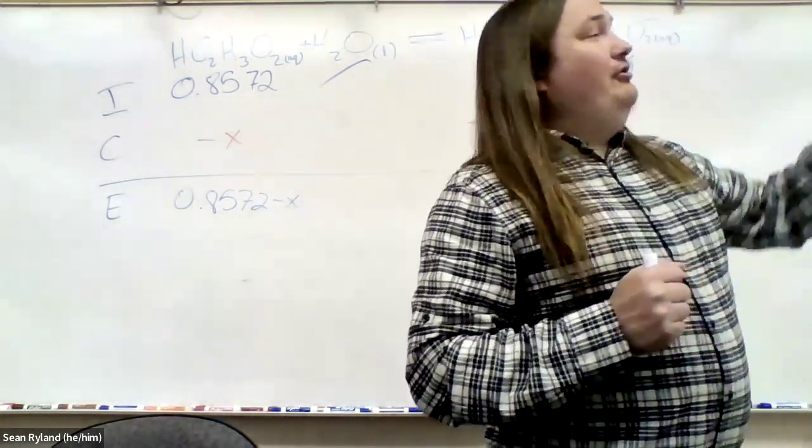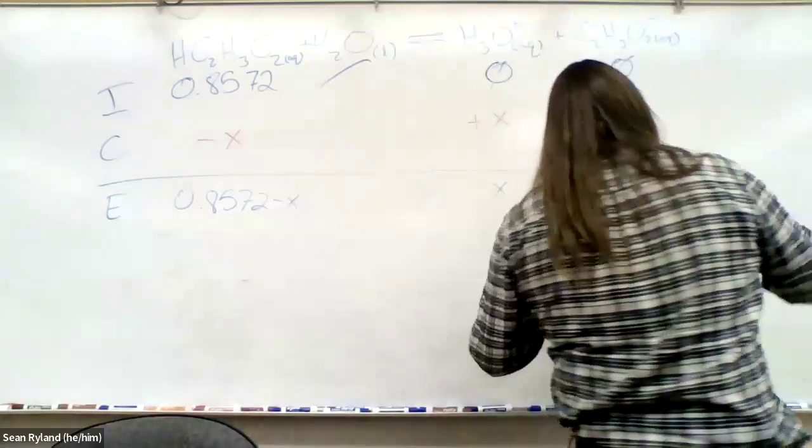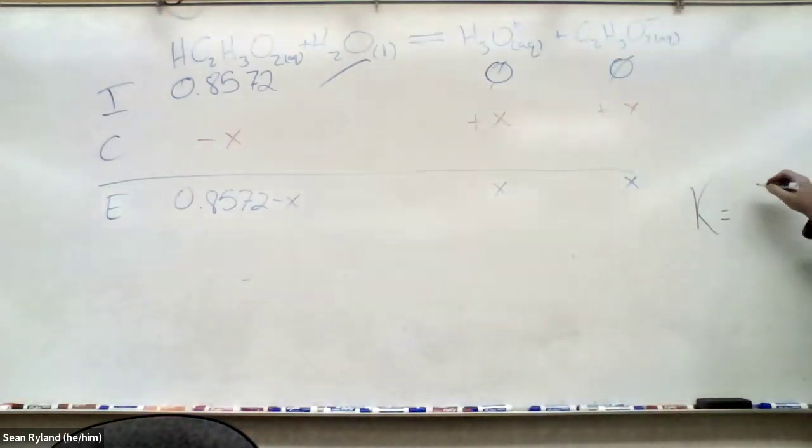So we know we have a value for K, and we know that K is equal to products over reactants. We can plug something in for each of these variables now, right? X, 0.85 minus X, and 1.8 times 10 to the minus 5.